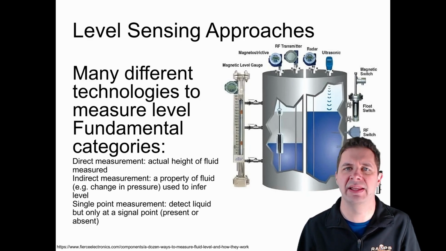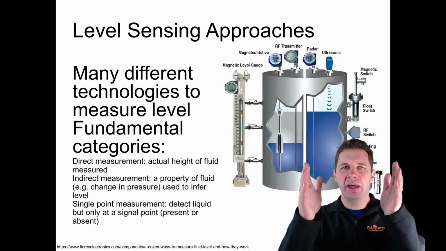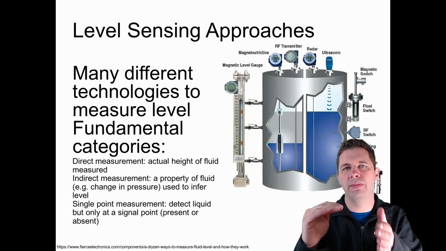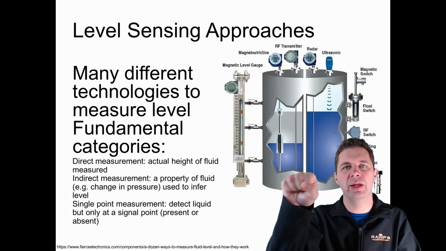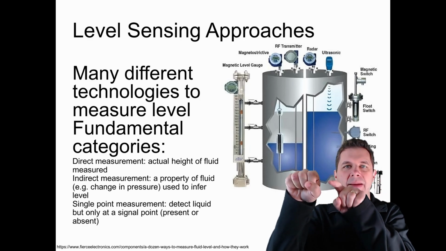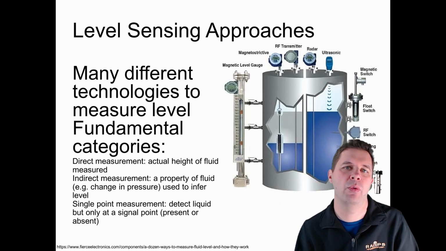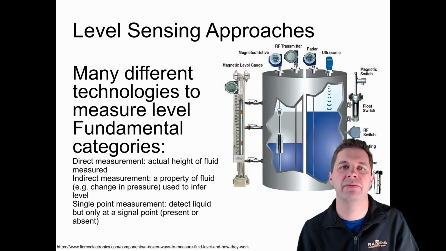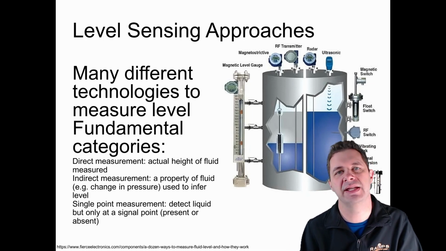And also single point level sensors, where rather than measuring exactly how much water or material is in that vessel, we measure at one point to check, oh, we've gotten up to this particular point, or down here, for example, to know that that vessel's almost empty. So they're the sort of types of level sensors we're looking at.